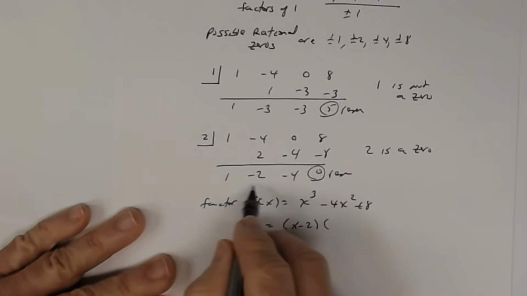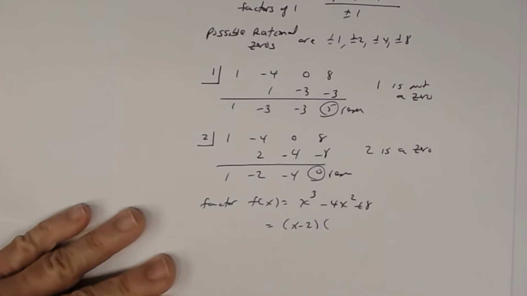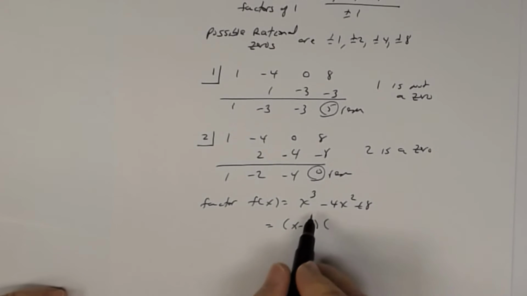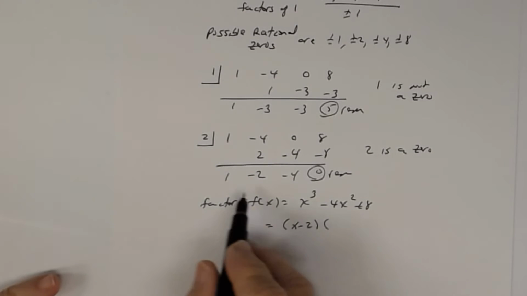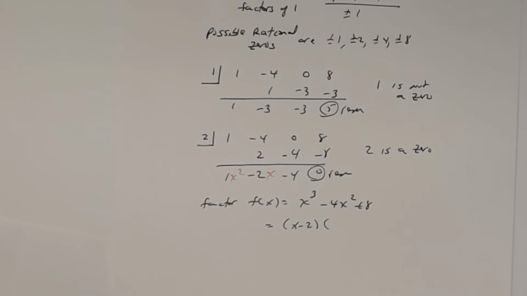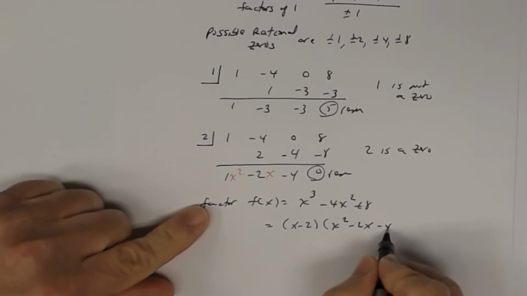Remember, the quotient here is your other factor. Since this is cubic, x times x squared must be x cubed, so this needs to be x squared, and this will be x. So we have x squared minus 2x minus 4.